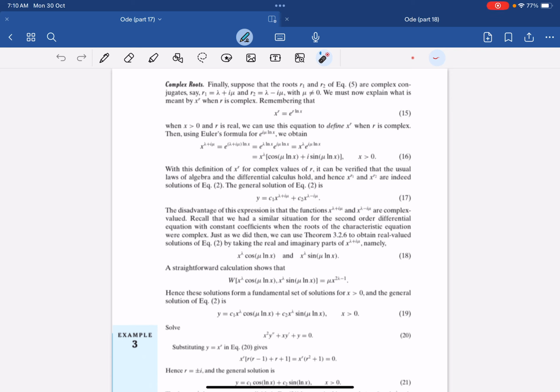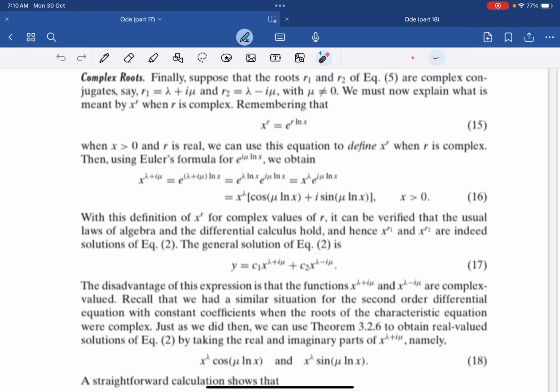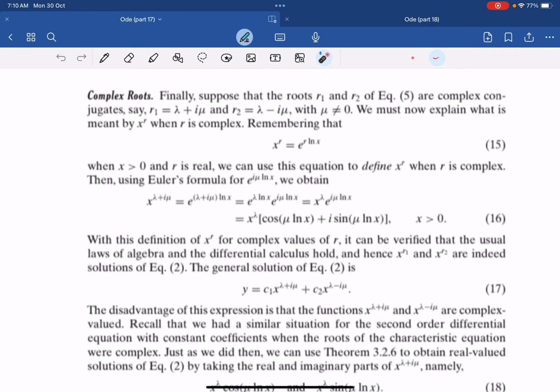Next, we have the complex roots, and again the idea is the same as when you have constant coefficients and complex roots. What you want is to write x to the power lambda plus i mu in a form with the trigonometric terms.